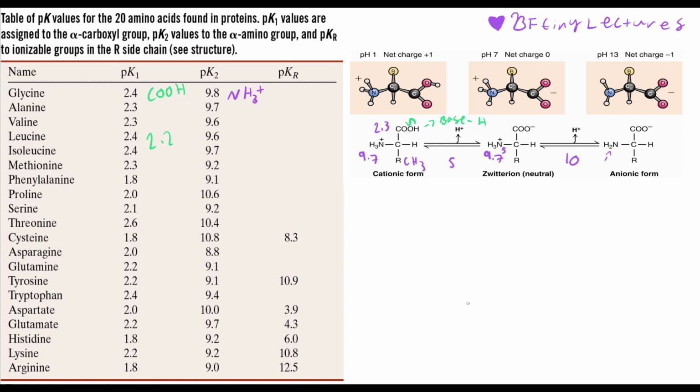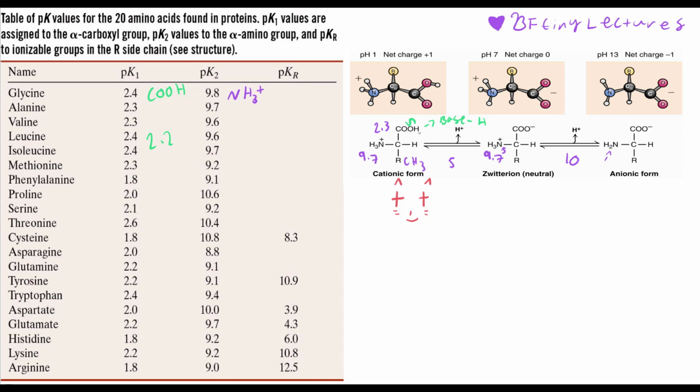Okay? So here we go. Right here, we have an overall charge of plus, right? So that is cationic. And if you remember the plus, you can think of the little cat. So that's the cationic structure. I think it's really cute.